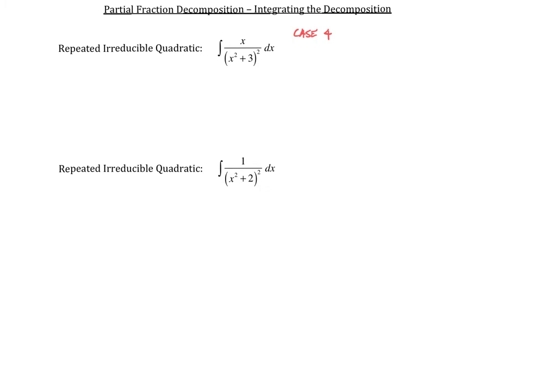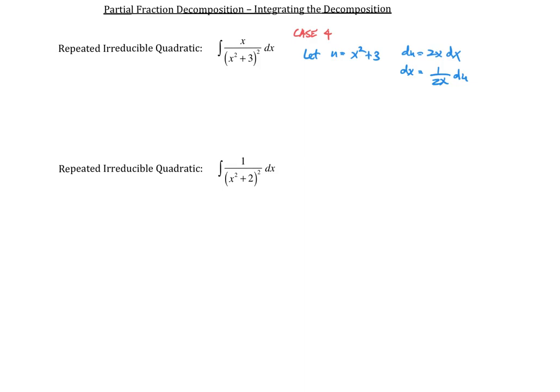Always look for the simple solution first. I see an x squared plus 3 on the bottom. I see a single power of x on the top. So I think I should use u substitution again. So let's do it. Let u equal x squared plus 3. Then my du is equal to 2x dx, which makes my dx equal to 1 over 2x du.